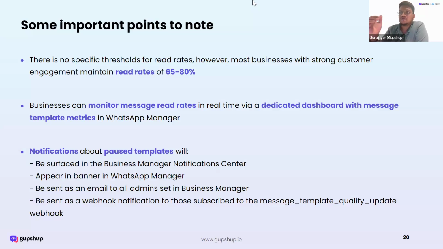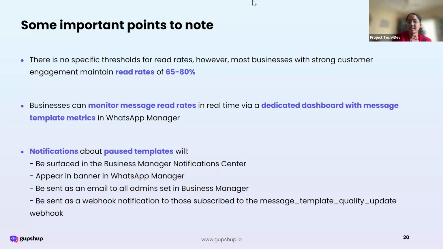If template A message is received and the user blocks your business, that impacts template A directly. What I'm mentioning here is that the read rates alone can be looked at from the Facebook Business Manager, and the quality rating will be a mixture of all of these, which will be reflected on the Facebook Business Manager and also on the Gupshup dashboard.